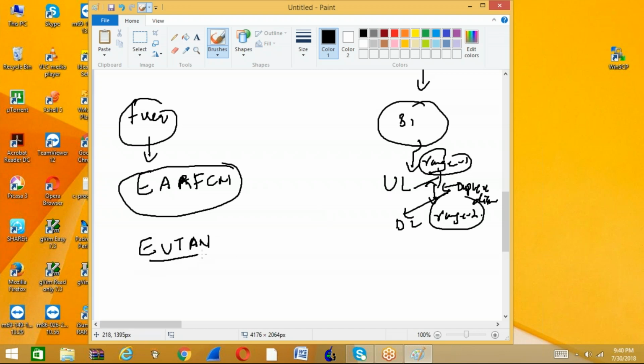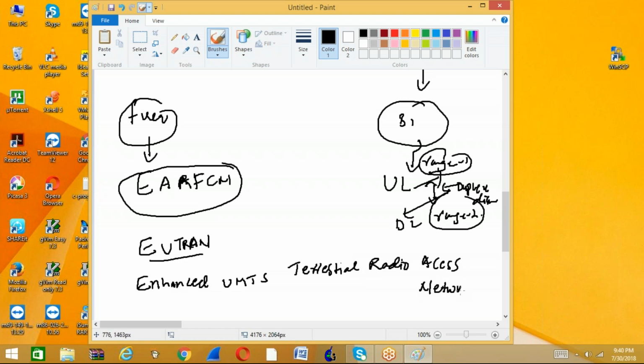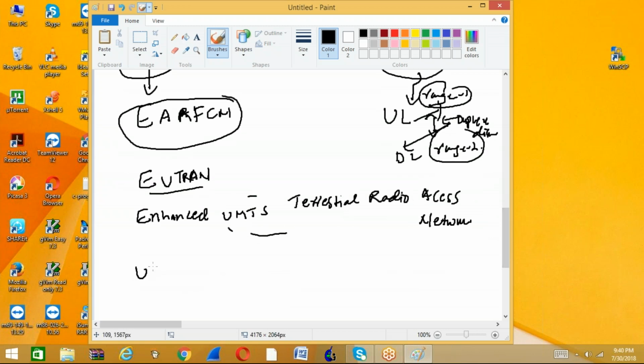E-UTRAN stands for enhanced UMTS terrestrial radio access network, meaning we have enhanced from UMTS. This is actually the name of 3G.